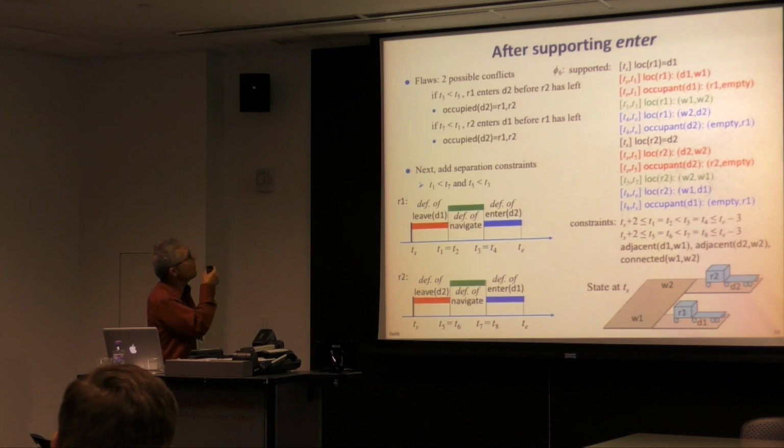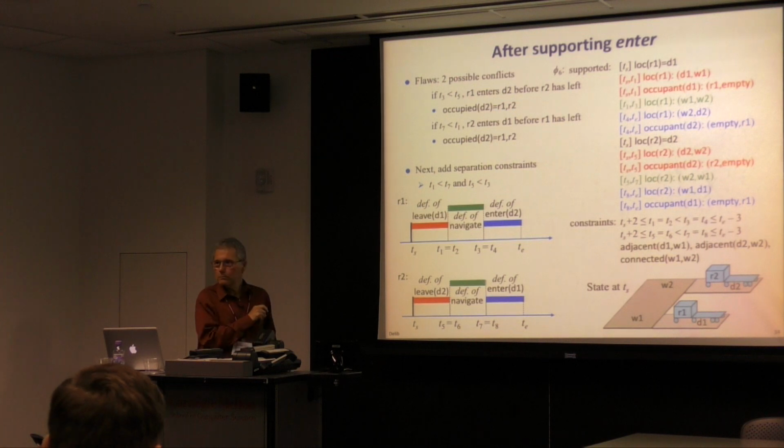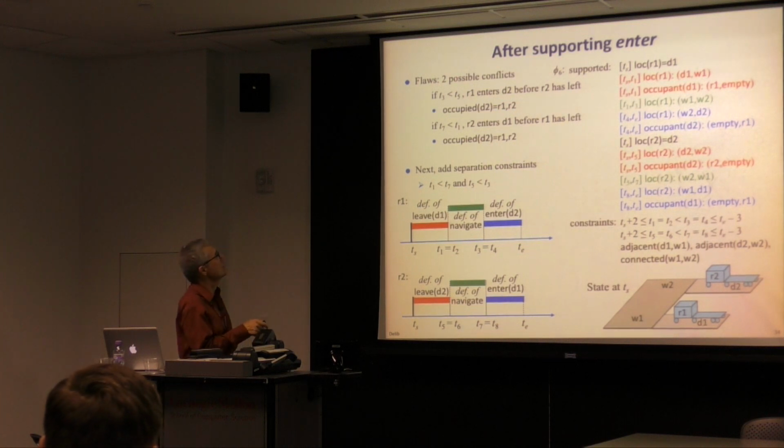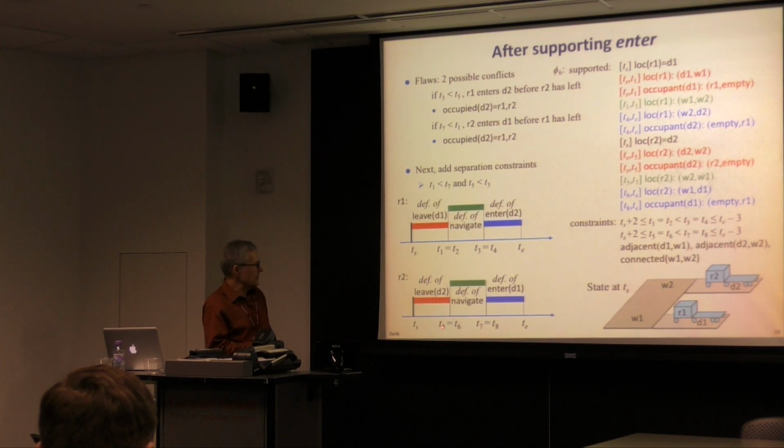Okay? So at this point, I can talk about the two possible conflicts that I mentioned. At time T5, sorry, where is T5? Yes. T5 is the point when robot 2 finishes leaving dock 2.